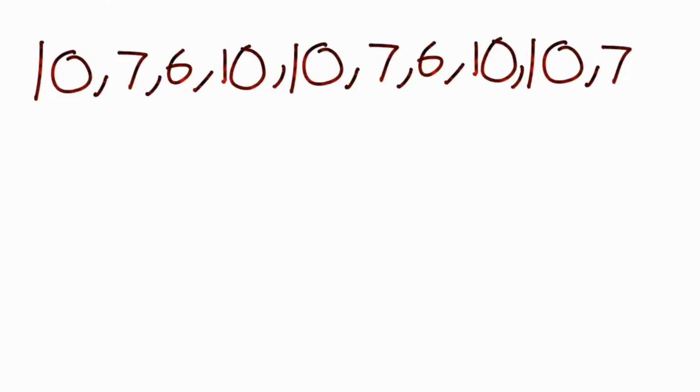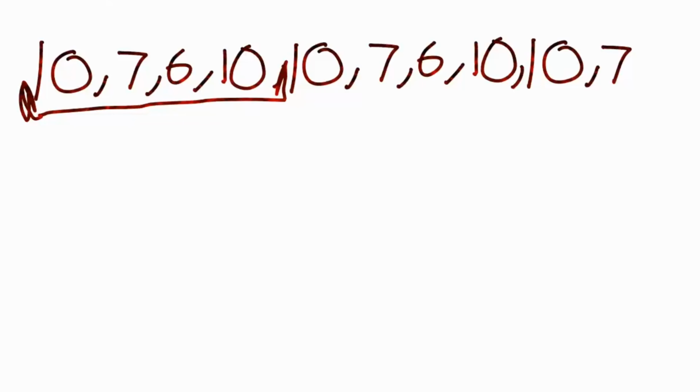Now, what we need to do is figure out the main pattern. So for that, we need to figure out where it starts repeating. So 10, 7, 6, 10. That's where it starts repeating again, with the 10. So, this is our main pattern. Now, let's repeat it from the 7.